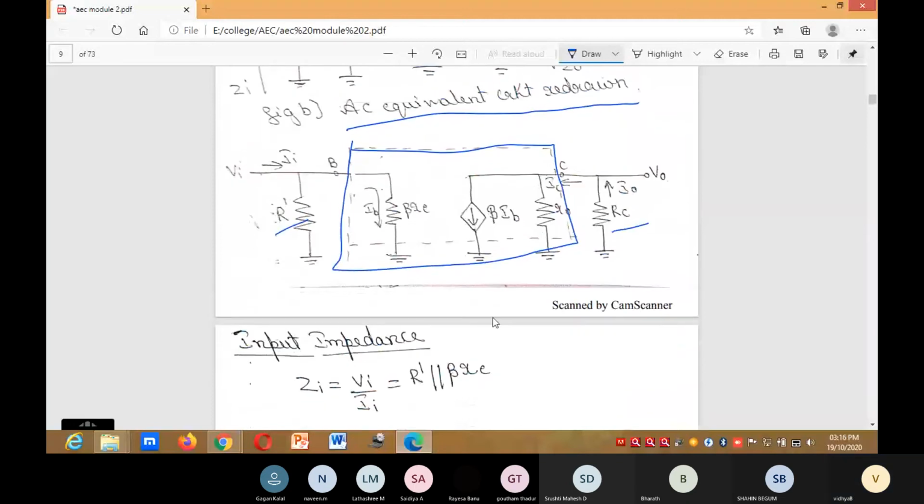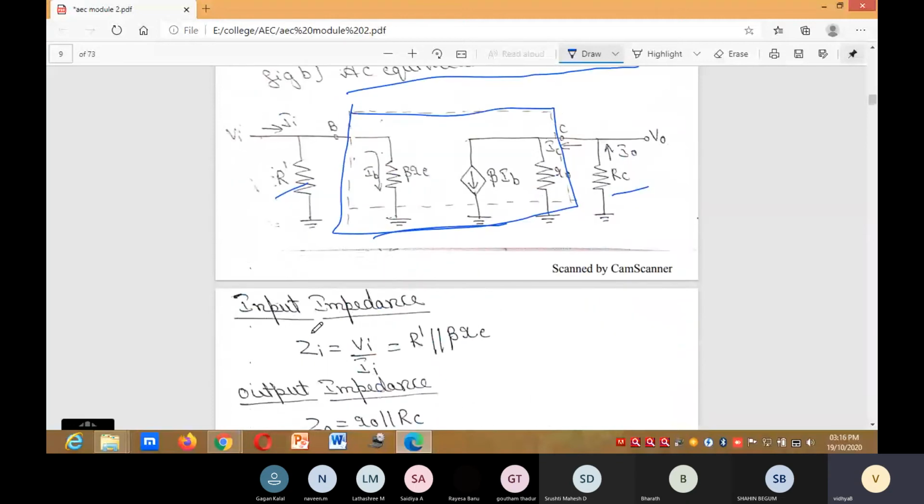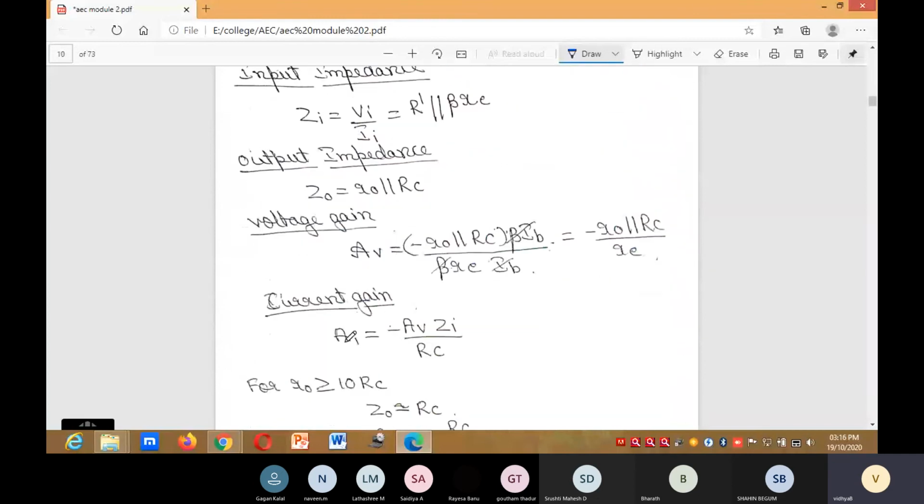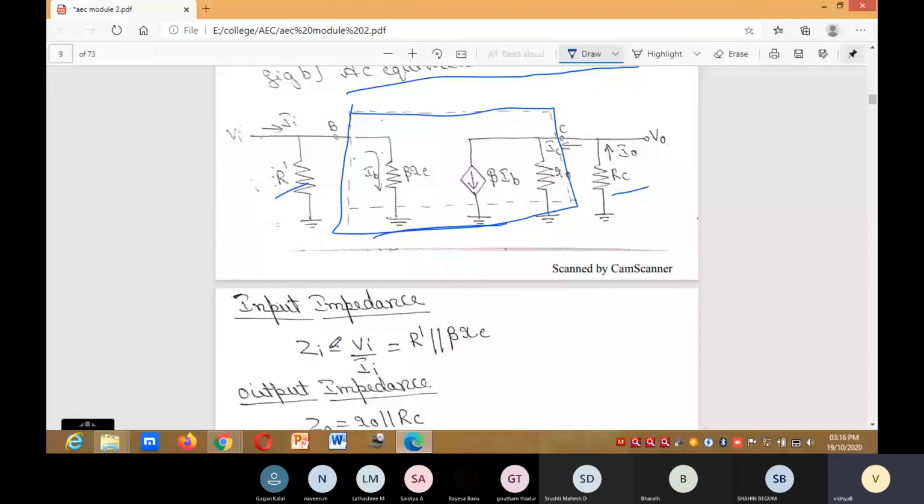From this diagram, we need to find out the input impedance, output impedance, voltage gain, and current gain. Input impedance Zi is equal to Vi divided by Ii, or we can write R dash parallel with beta RE.